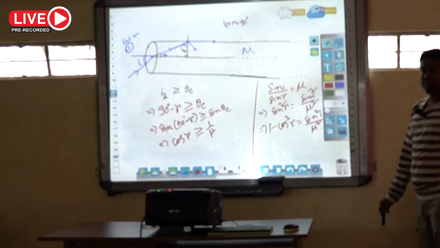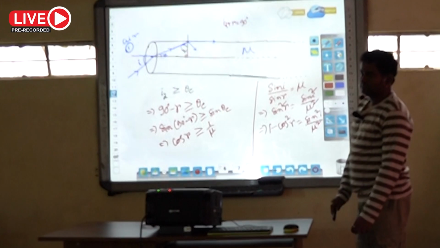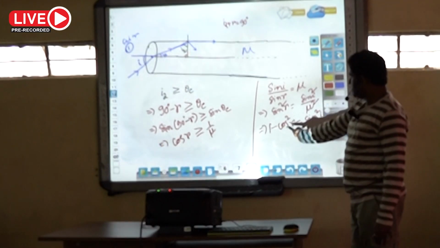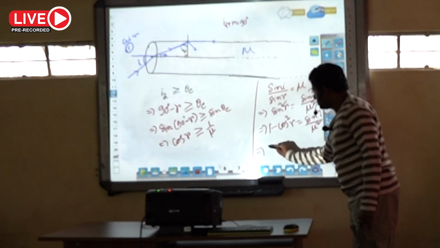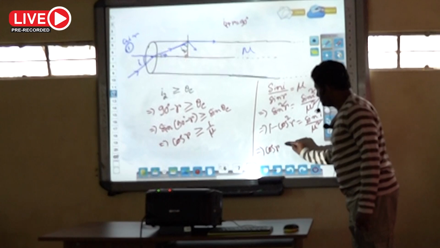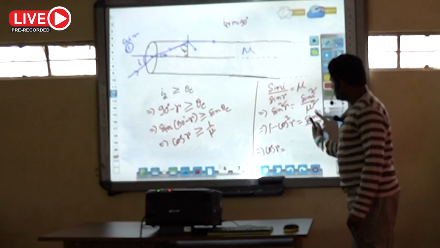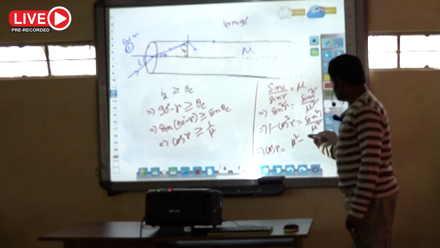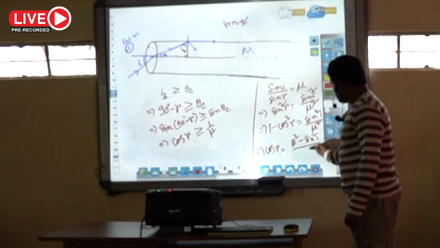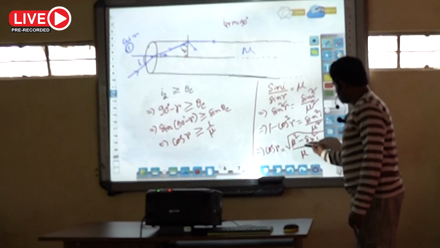Now from that calculate cos R. What is the value of cos R? Calculate from this, the expression for cos R. Taking this term to that side, it will be the square root of mu square minus sin square I, divided by mu. Check.